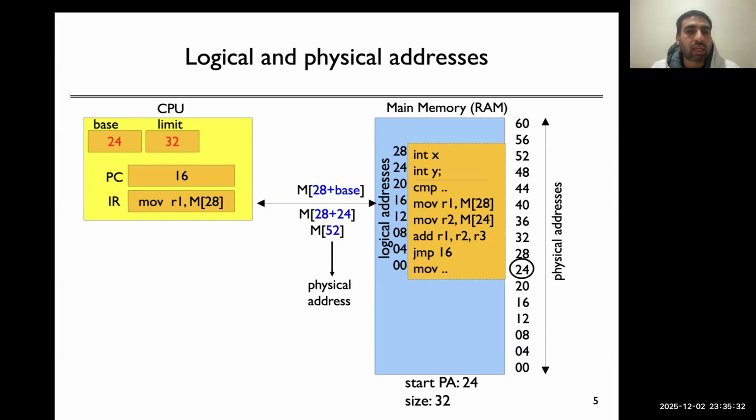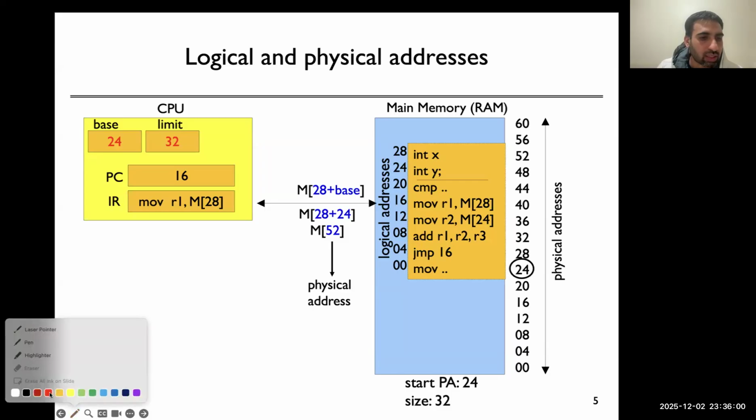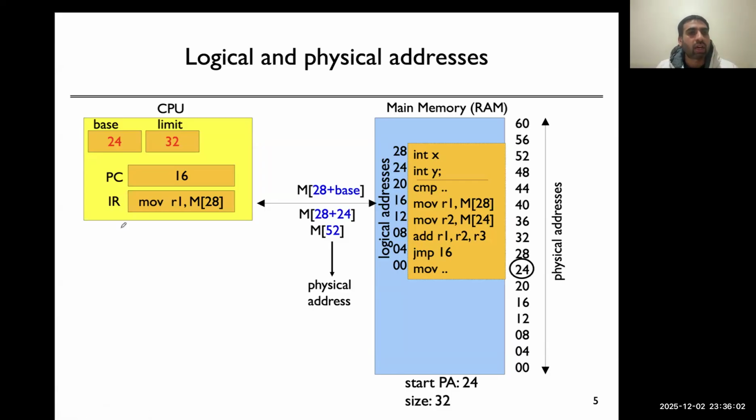So remember in the last lecture we talked about the base register and the limit register, right? What was the purpose of the base and limit register? There were two purposes. First, together they allow us to separate the address space of one process from all other processes in an operating system. How? By making sure that all the addresses generated by a process are within the range.